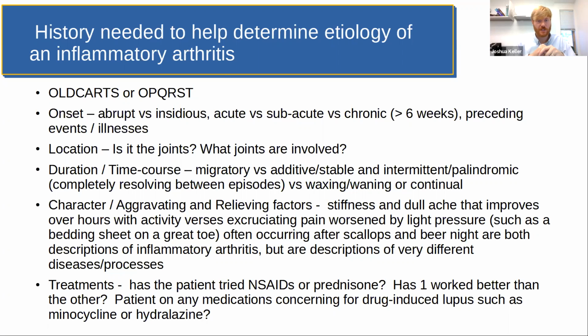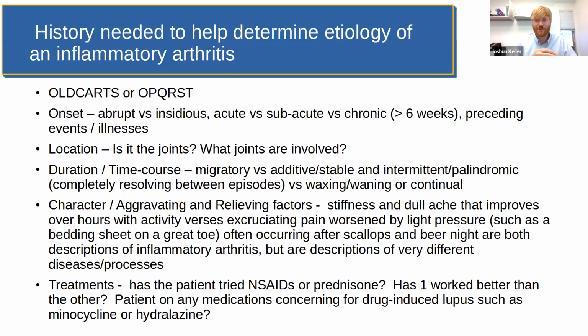So if the patient states, I couldn't even put a sheet on my feet at night, I'll put that in the note, and that's a good representation of how exquisitely tender it might be, versus, I couldn't go on my run, but I could walk around fine. So it's important to figure out how exquisitely tender it is or how swollen it is, and just the specifics there.